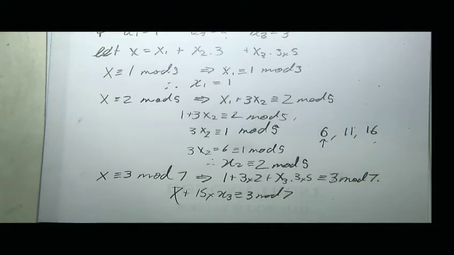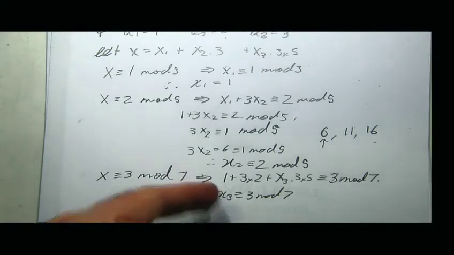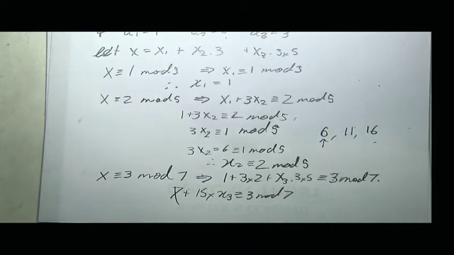Remember how I said if I've got A times B, and A is congruent to X mod 7, and B is congruent to Y mod 7, then A times B is congruent to X times Y mod 7. I can replace 15 with what it is mod 7, and that's going to reduce the complexity of the calculation, isn't it?